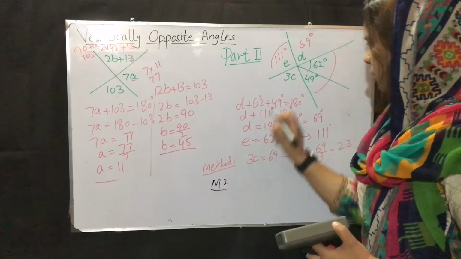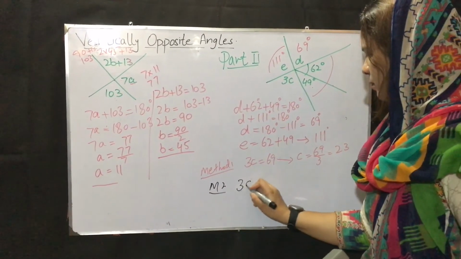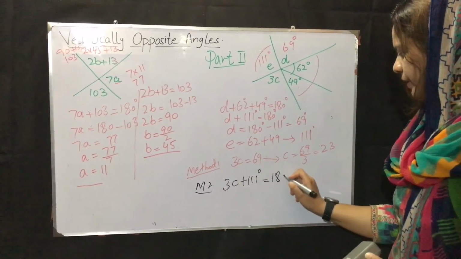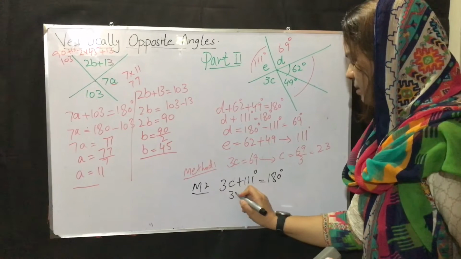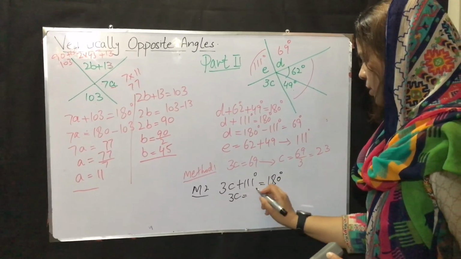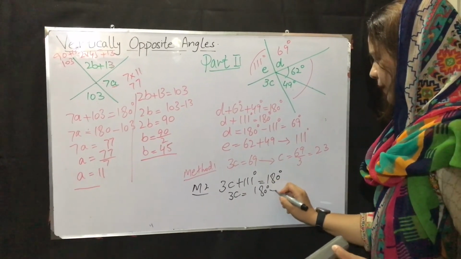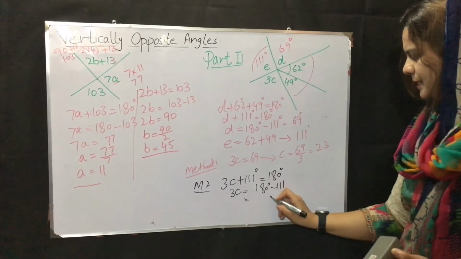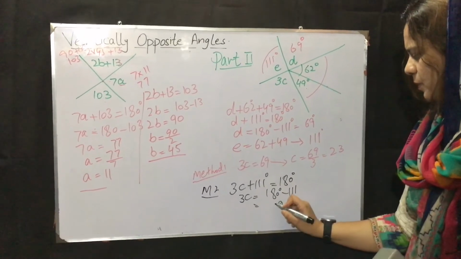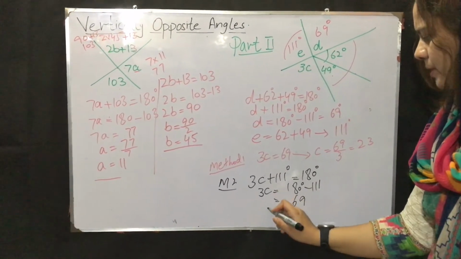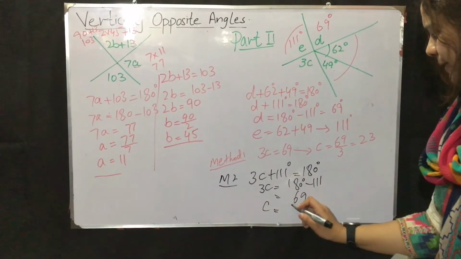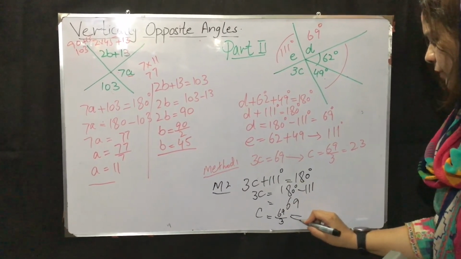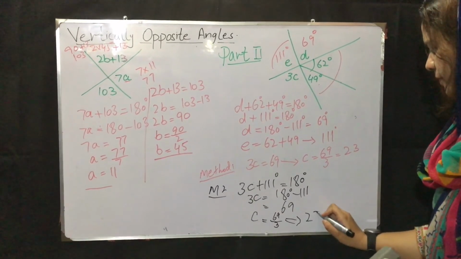Method 2: 3c plus 111 degree is equal to 180 degree. 3c, we will take 111 to the other side, 180 degree minus 111, 10 minus 1 is 9, 7 minus 1 is 6, so 69. To find the value of c, we will take 3 to the other side. 69 divided by 3, therefore the value of c is 23.